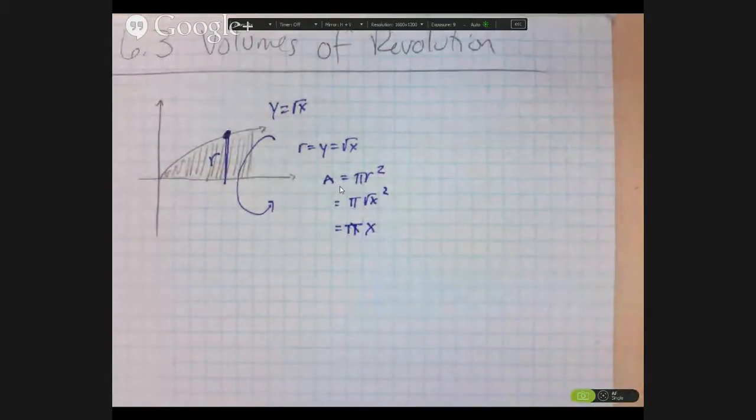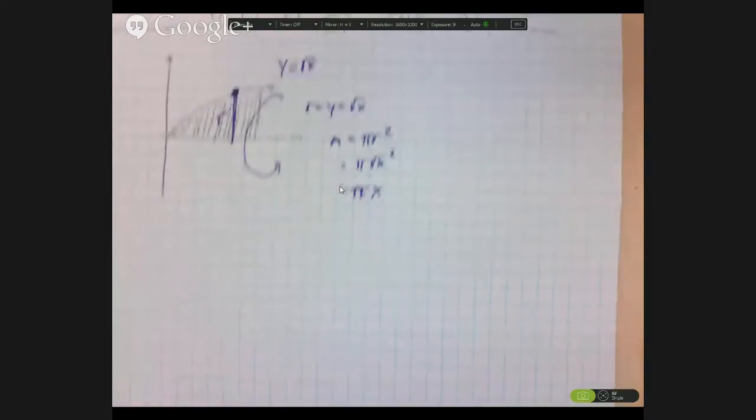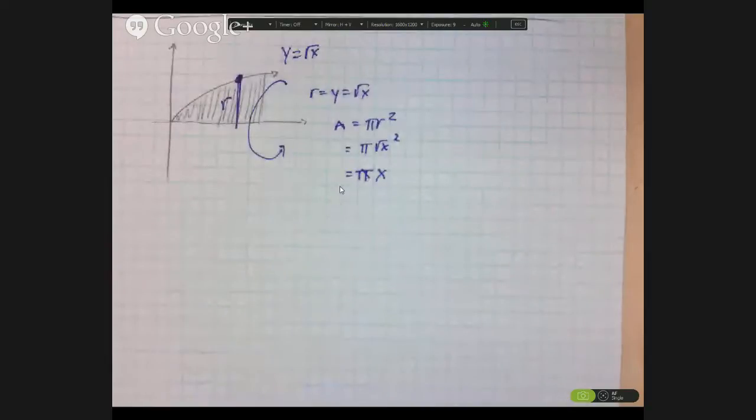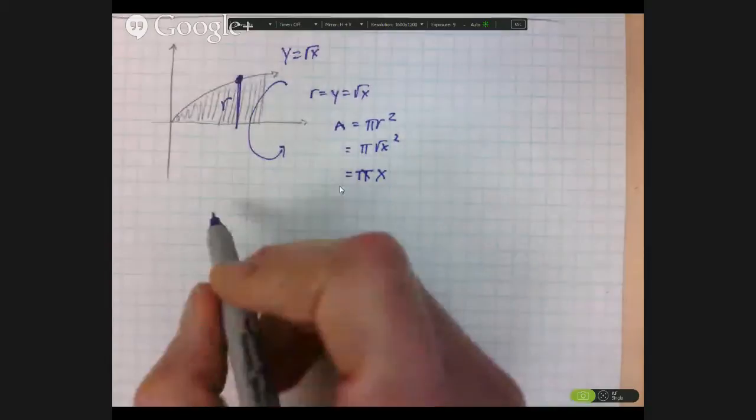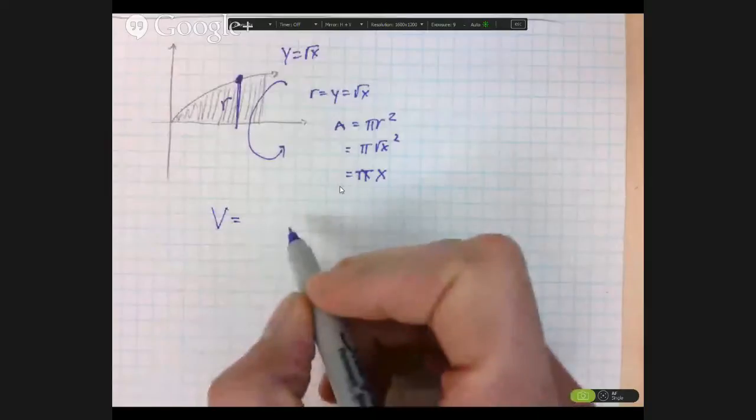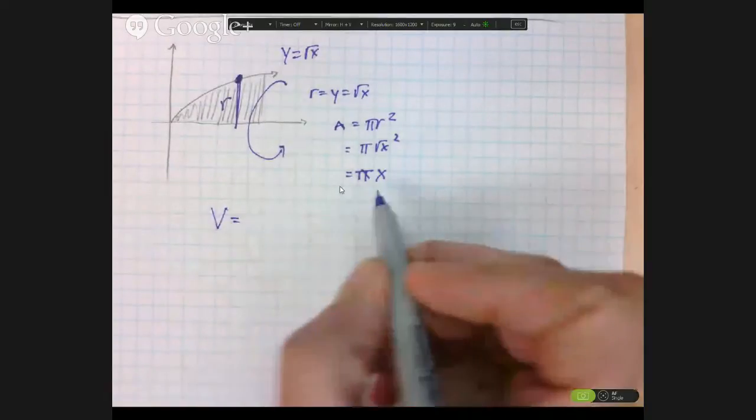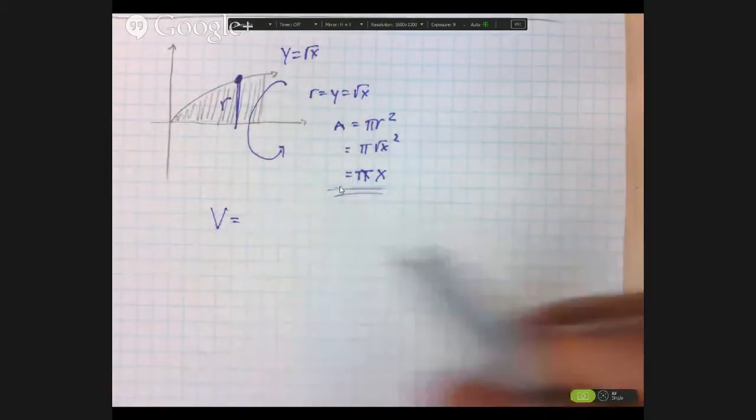So if my x value is 1, my area of that circle rotated there is pi. Okay. That would be just for this specific spot.